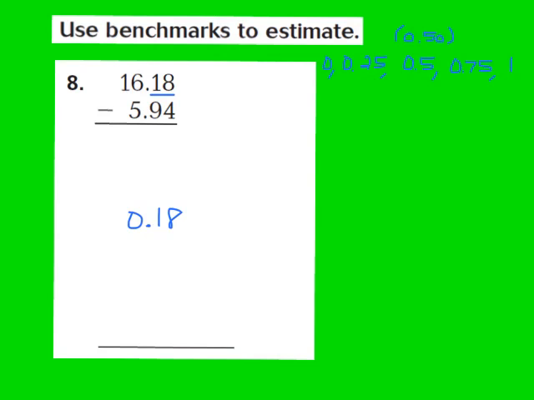So on one side I have my 0, and on the other side I have my 25 hundredths. Well, what I know is 18 hundredths is closer to 25 hundredths than it is to 0. So I'm going to choose that benchmark of 25 hundredths for my estimate. So what happens is 16 and 18 hundredths using benchmarks to estimate now becomes 16 and 25 hundredths.